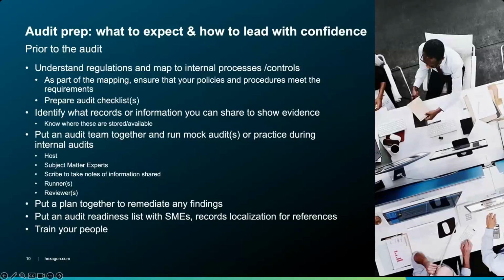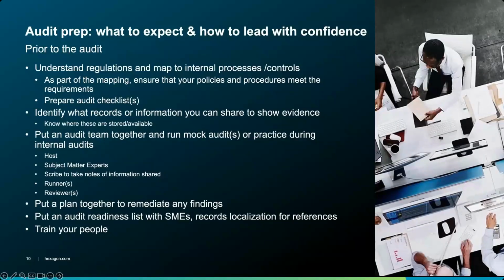We recommend having a scribe to take notes of all the information shared. It's important that you know what you shared in case of findings, and to make sure that you provided the right information. The runners is a team. It could be one person, or if it's a centralized system, you might not need a runner, but that's a person that's going to go get the information and the records that you need based on the question that you receive from your auditor.